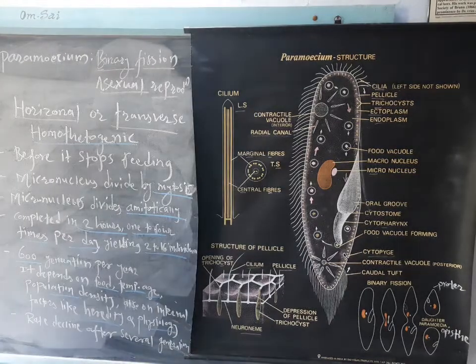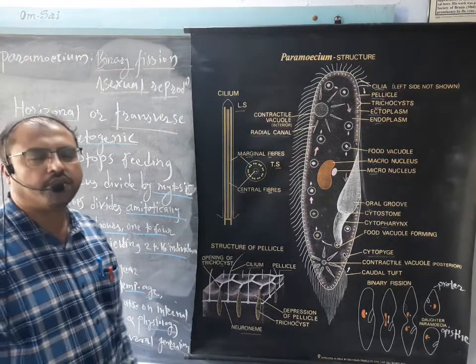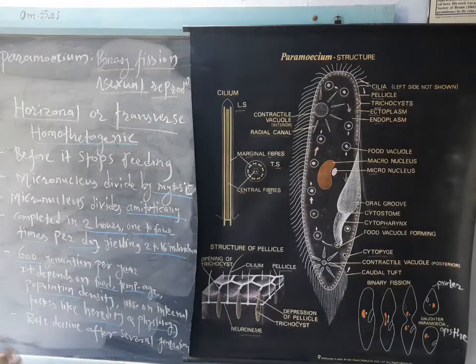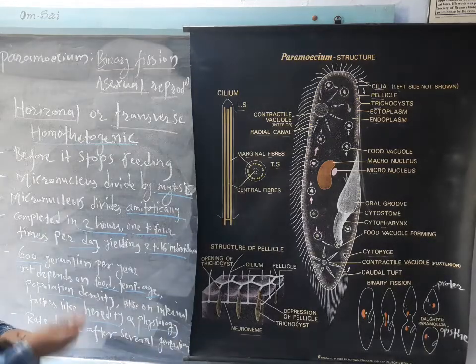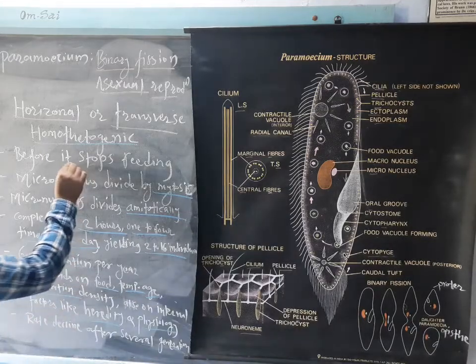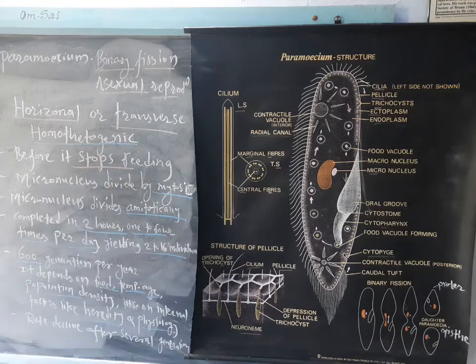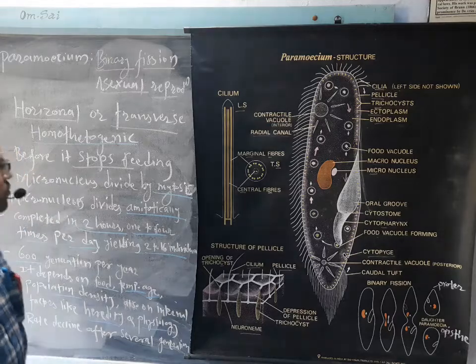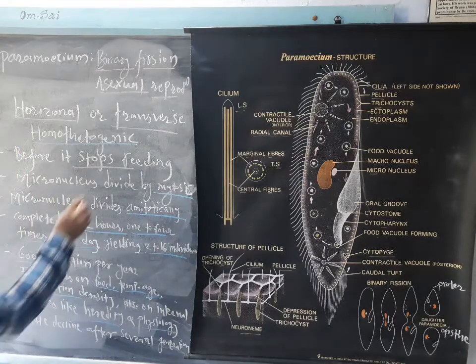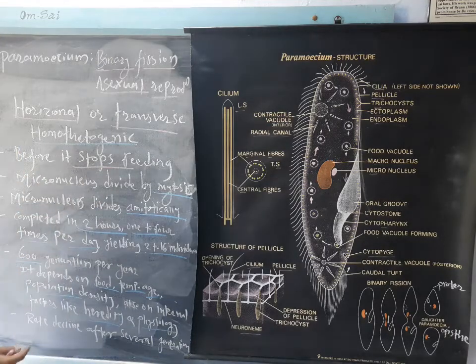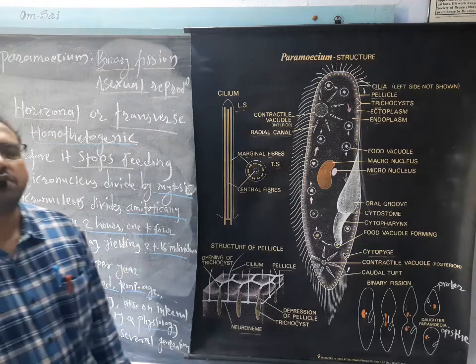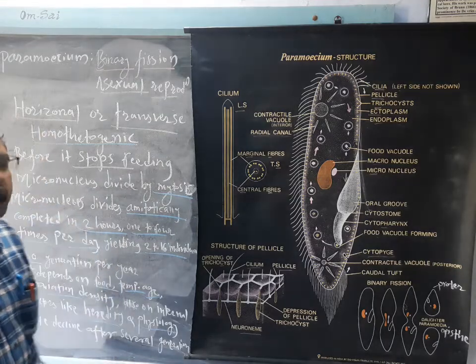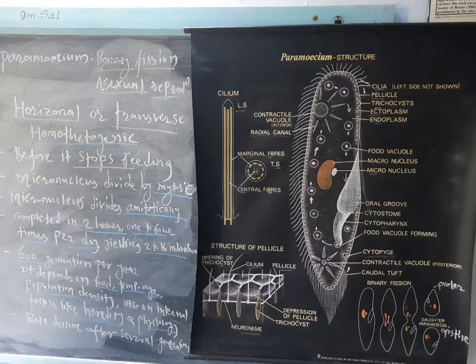So we'll see how the process occurs. Before starting binary fission, the Paramecium stops feeding. Paramecium is a voracious feeder which continuously feeds on food material, but before dividing it stops feeding and slowly settles at a particular place, and its movement is very slow.